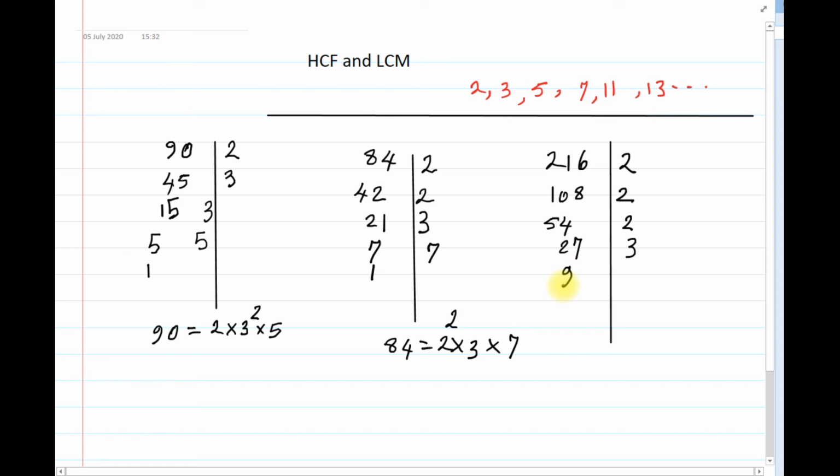It gives us 9. 9 can be divided by 3, gives us 3. And 3 can be divided by 3, gives us 1. So 216 can be written as 2 to the power 3 times 3 to the power 3.